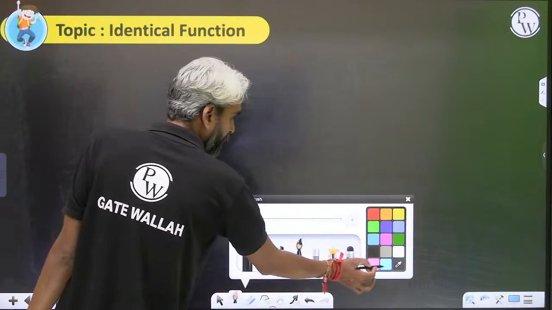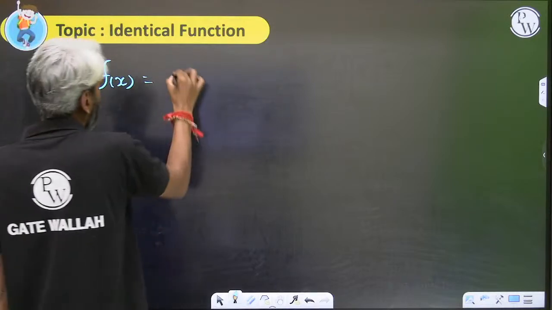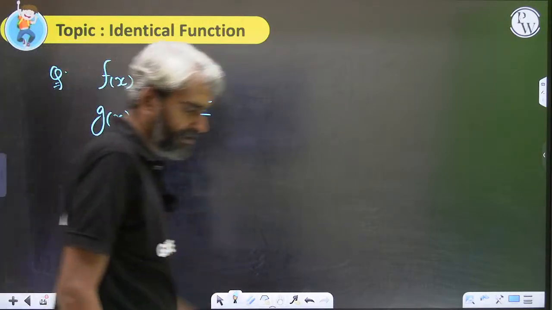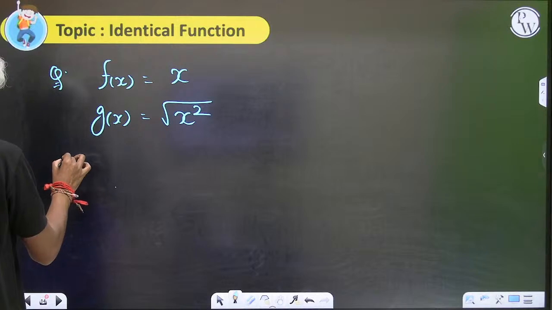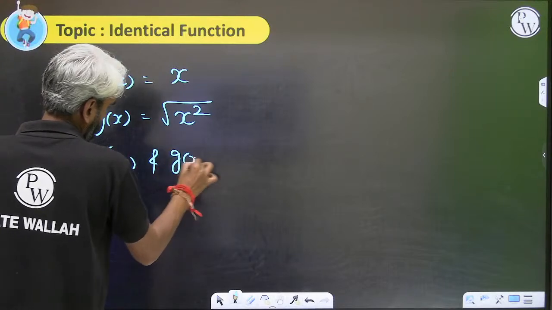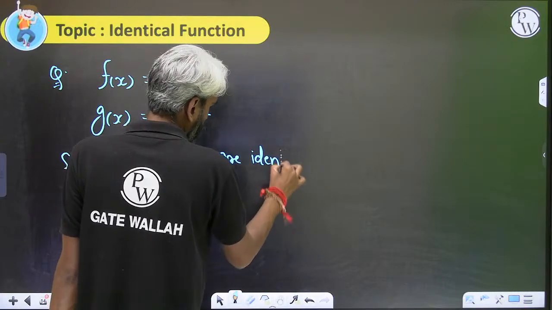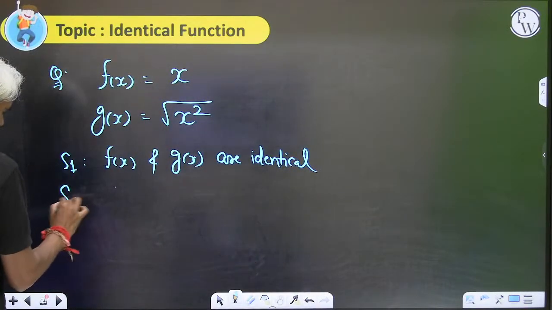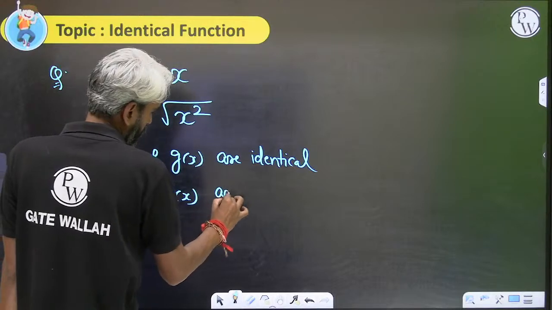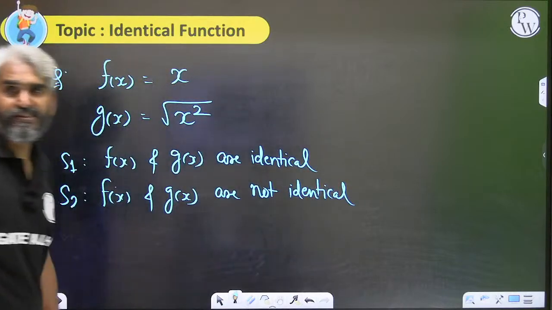Anyway, now if I simply ask you another question, with cos 2x: are f(x) and g(x) identical or not?